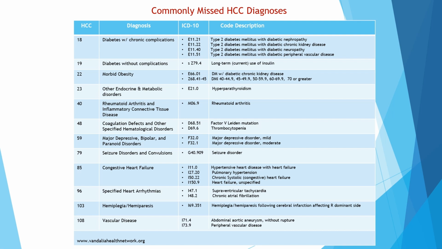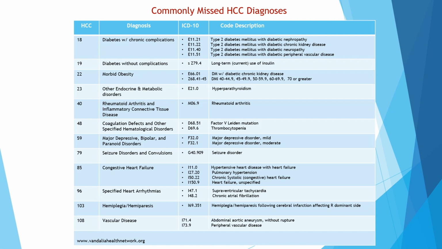HCC 96. Diagnosis is specified heart arrhythmias. ICD-10 code and descriptions are I47.1, supraventricular tachycardia. I48.2, chronic atrial fibrillation. HCC 103.